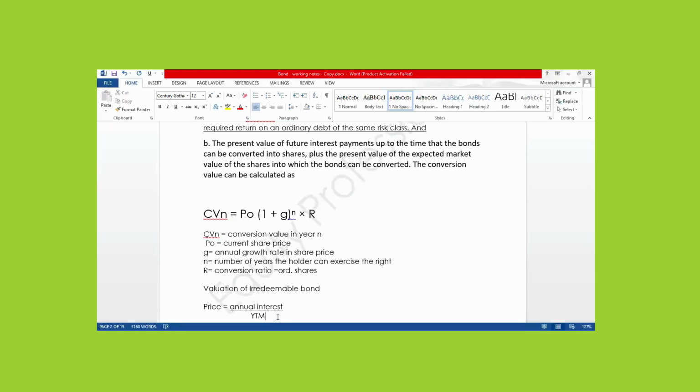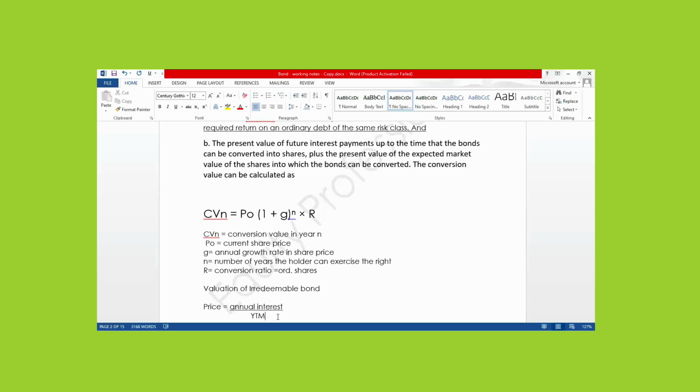In that case, you are going to calculate the price of an irredeemable bond as the present value of the interest cash flow to perpetuity, or to infinity.